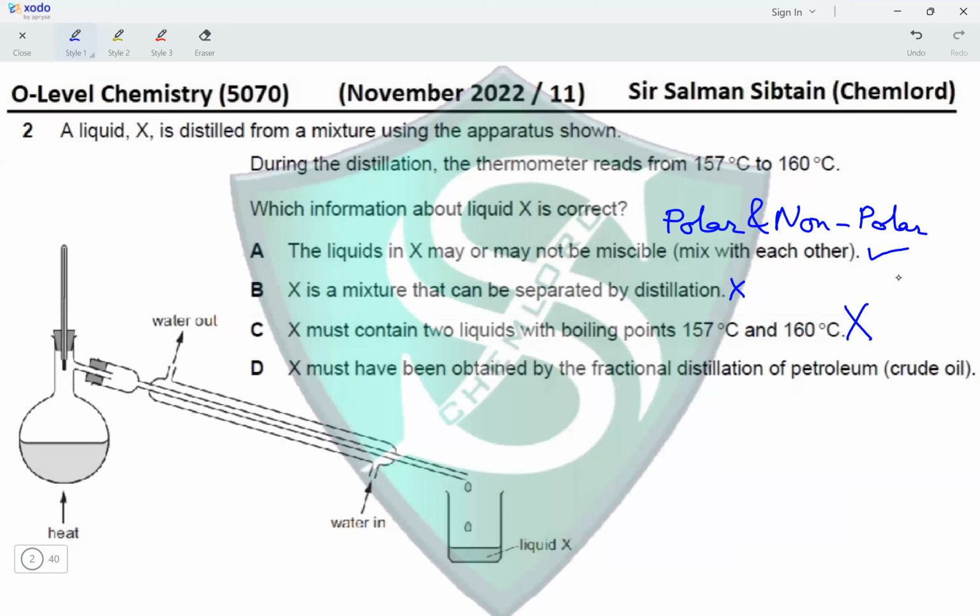Next, X must have been obtained by the fractional distillation of petroleum crude oil. There is no evidence of what is being separated in this experiment. So C and D are completely wrong, and A is the most appropriate answer here. So option A is the correct option for this question.